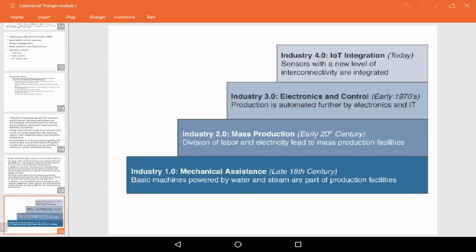Then the Industry 4.0 version came, that is today, where the Internet of Things played a major role. Okay, where most of the factories are connected with sensors. The interconnectivity happened very nicely with all the technologies, and how the connected factories are supporting. Today's class is all about this.